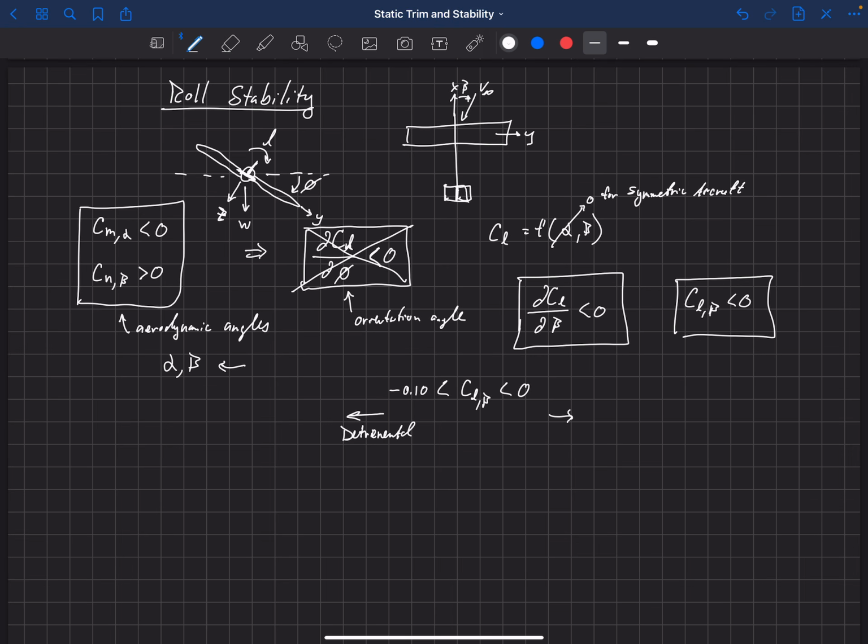But you'll be able to then look at an aircraft after these discussions and understand why they have maybe placed certain things on the aircraft in a certain way, or how the design decisions of that aircraft are affecting the roll stability.